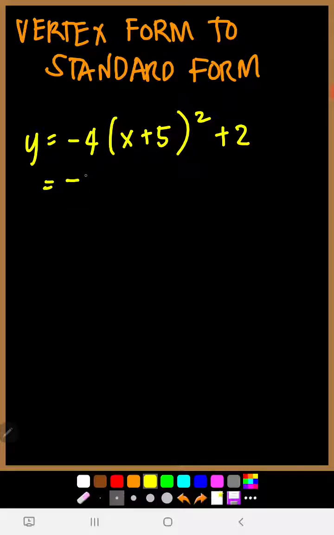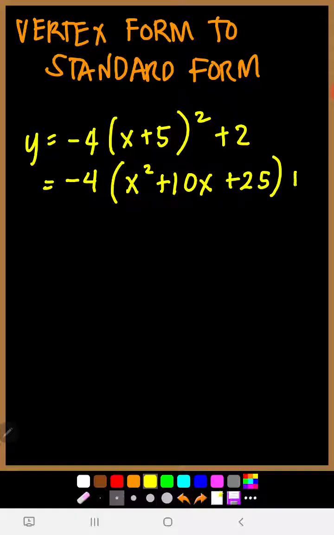Okay? So, negative 4, kopyahin muna natin yung coefficient na nasa labas ng parenthesis. Then, square natin itong binomial. So, again, katulad ng ginawa natin kanina, square the first term, x squared, multiply the first term sa second term times 2. So, that is positive 10x. And then, square the last term, which is 5. 5 times 5 is 25.